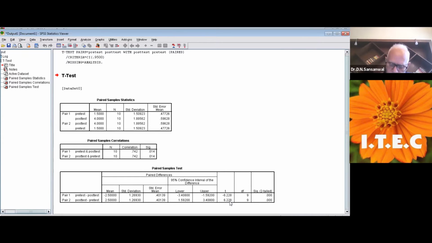This is my pre and this is my post. The mean of pre is 1.50 and post is 4.00. And the standard deviation is 1.51 for pre and 1.88 for post.